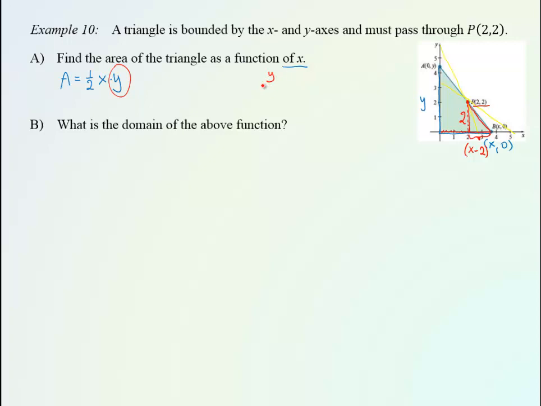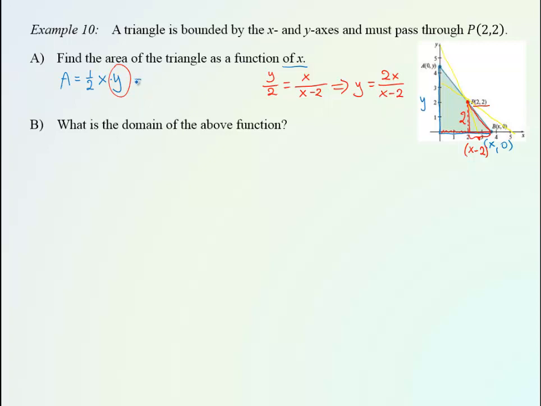For example, y over 2, this over this, is the same as this over that, which means x over x minus 2. And this proportion we can solve for y. y will be multiplied by 2 times x over x minus 2.